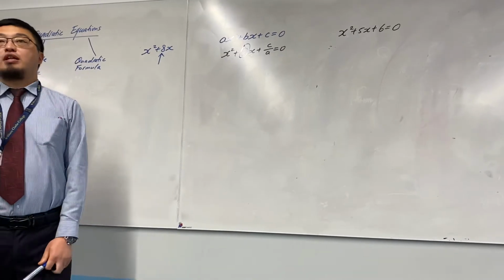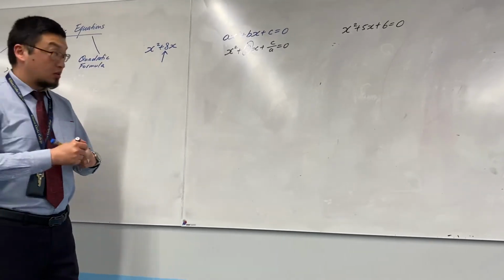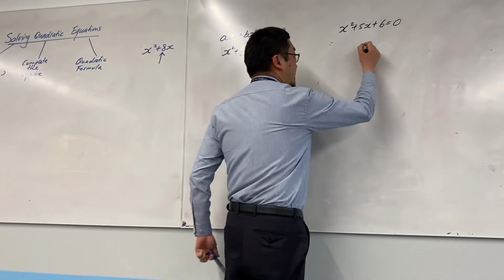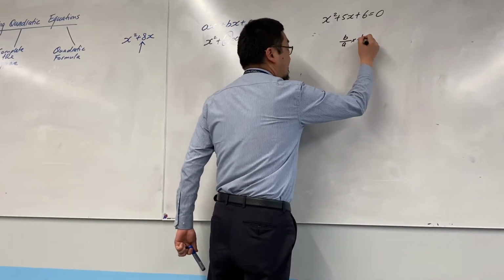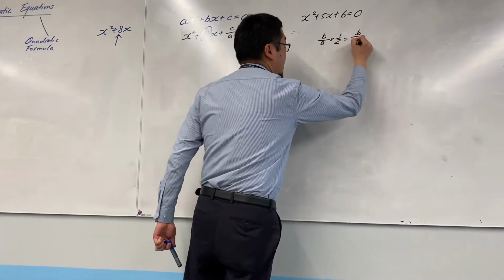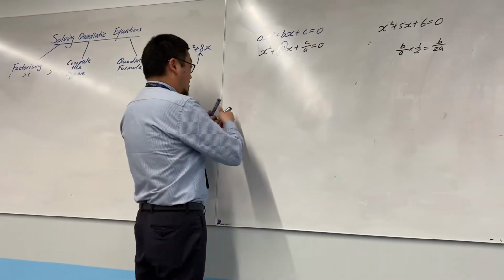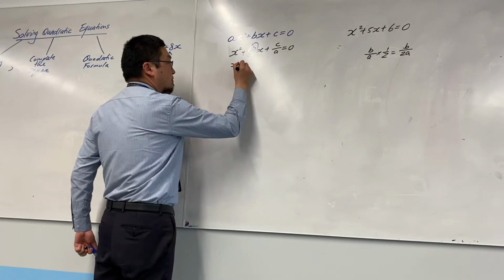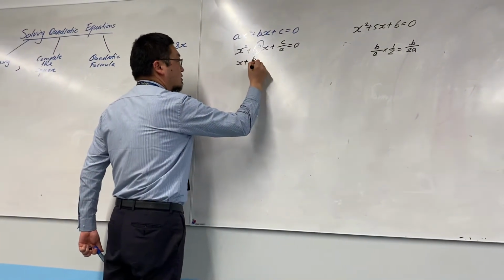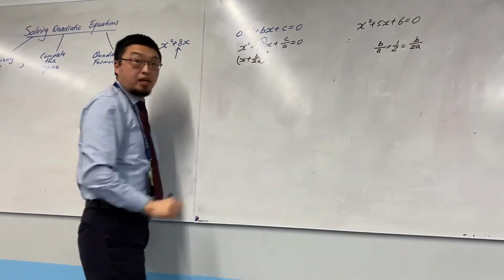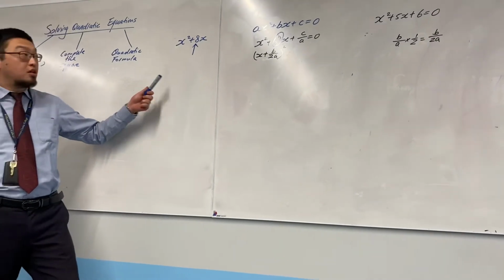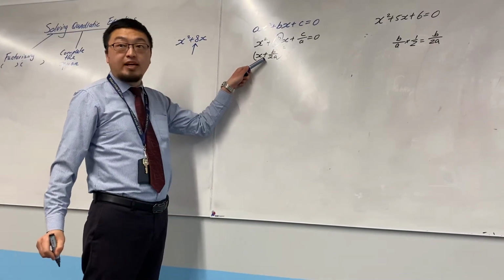What's b over 2, and halve that? It's just b over 2a. So let's halve that. Is that okay? Just like completing the square last week. So I've halved that again this time.